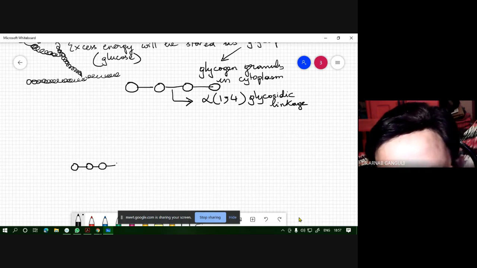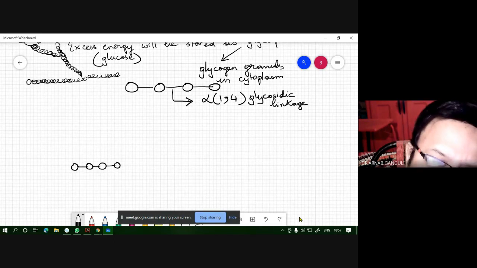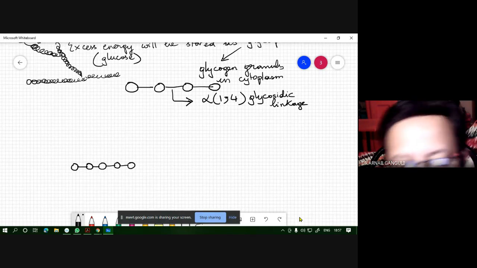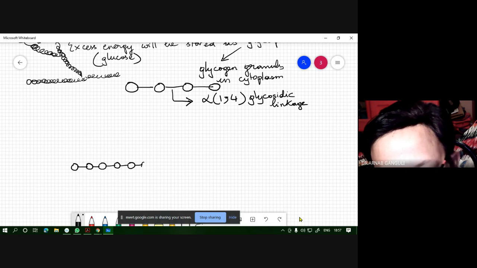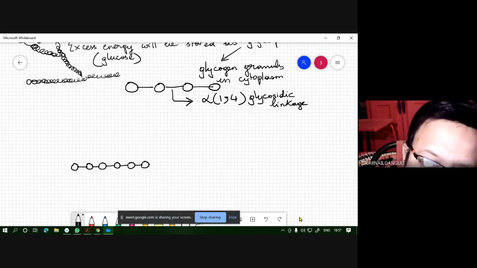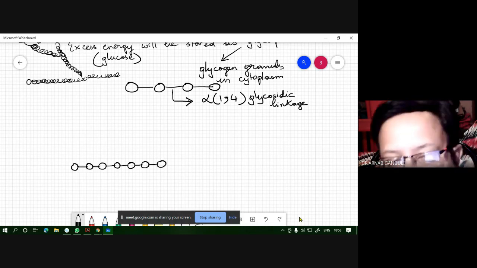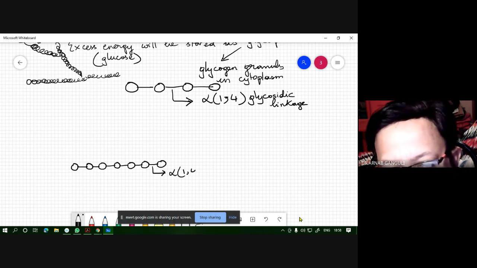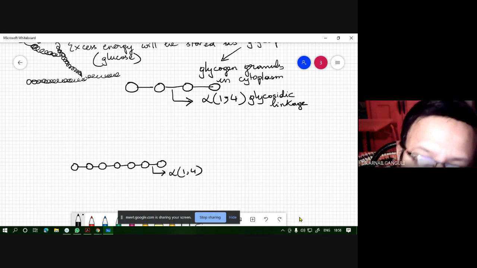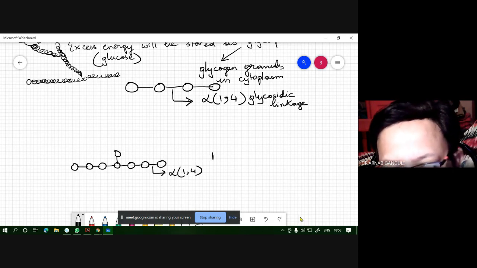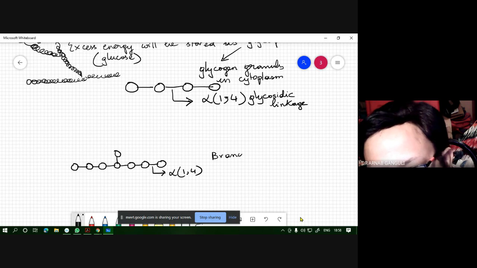Another glucose, alpha 1 to 4 glycosidic linkage, and so on. You also have branching points.